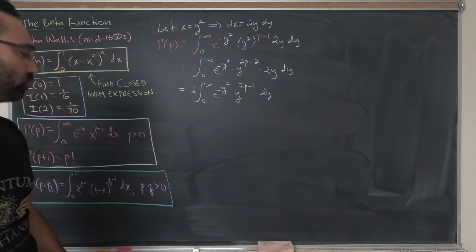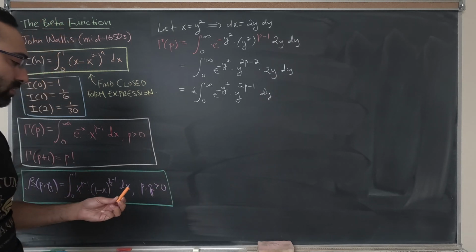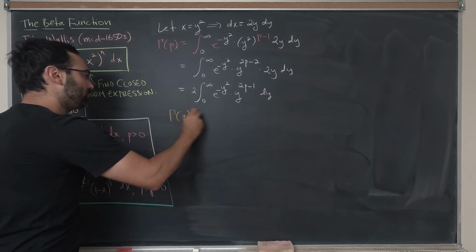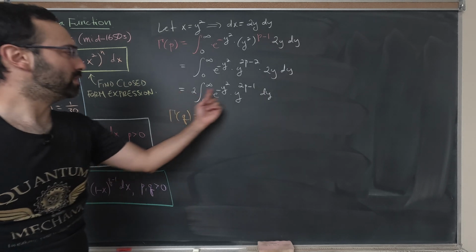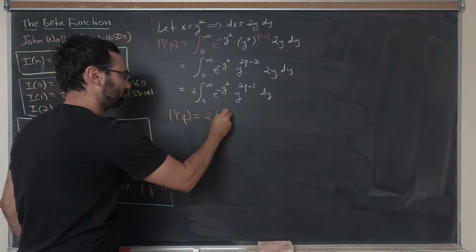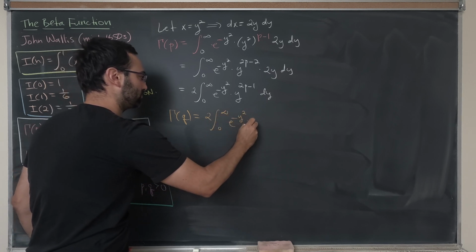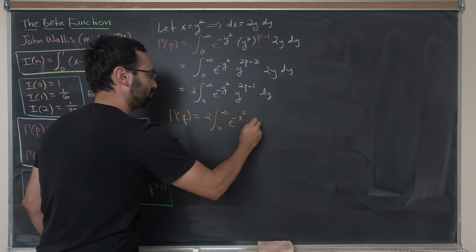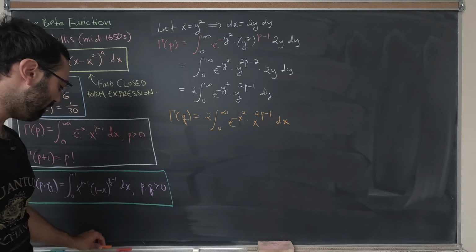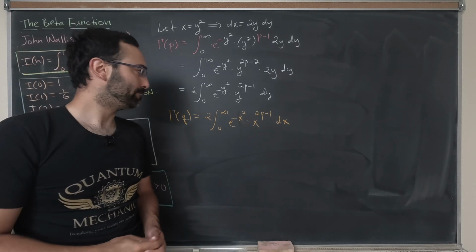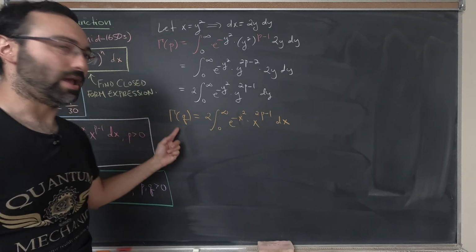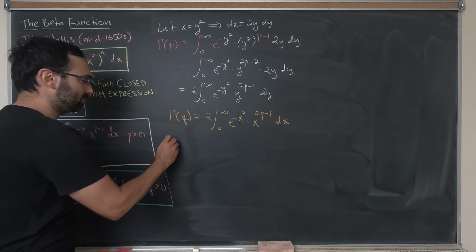Okay, great. So this is going to come in handy in a short while. But what we're going to do now as well is, with some dummy variables, call gamma of q the same thing as this, but we'll use x's instead of y's. Okay, so why are we doing this? Well, it'll become clear in a while. But the trick here is we're going to multiply gamma of p and gamma of q. So let's see what that gives us.